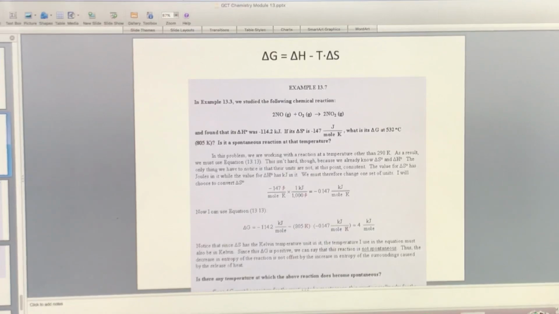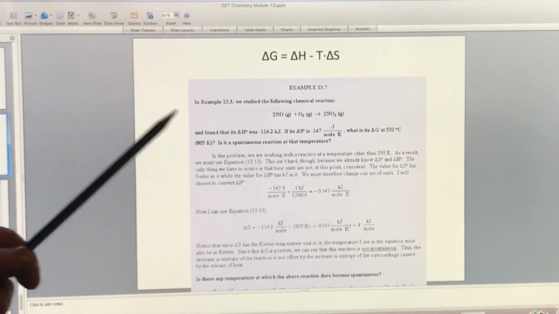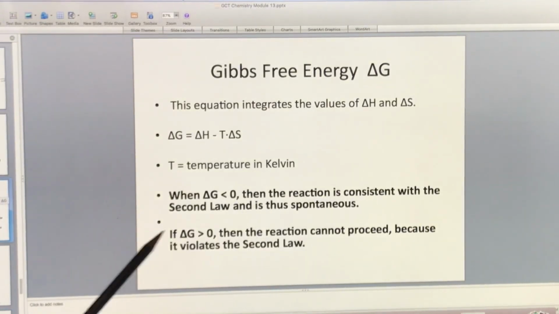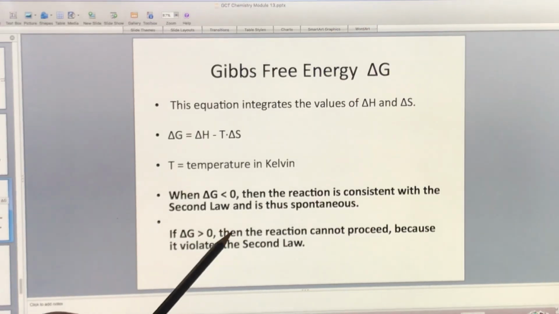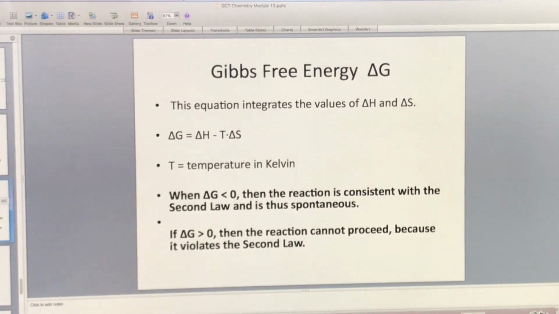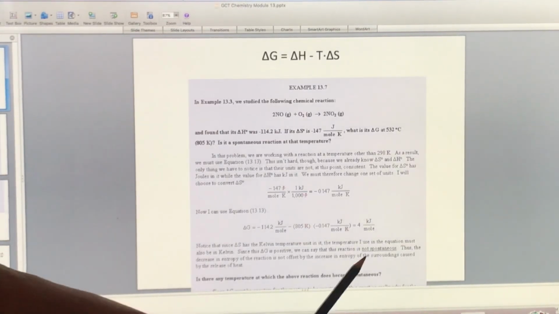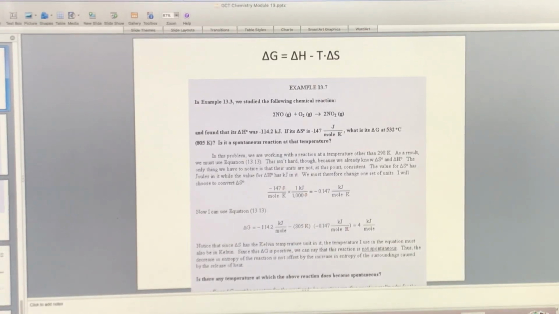So it asks, is it a spontaneous reaction at that temperature? Well, if you remember back in this other slide, just trying to find it here, when G is greater than 0, then it's not spontaneous. So in this case, the answer would be that it is not a spontaneous reaction.